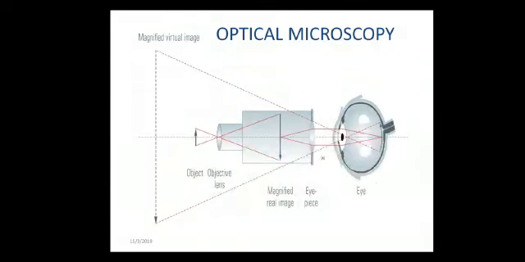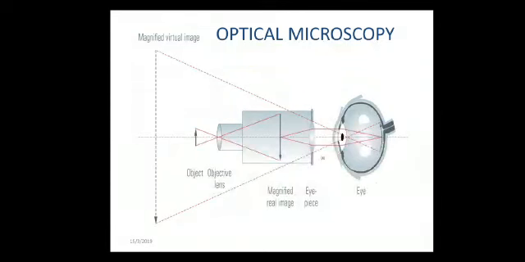The function of optical microscopy is to create a magnified image of a specimen. It consists of three basic functions: obtaining a clear, sharp image, changing the magnification, and bringing it into focus.